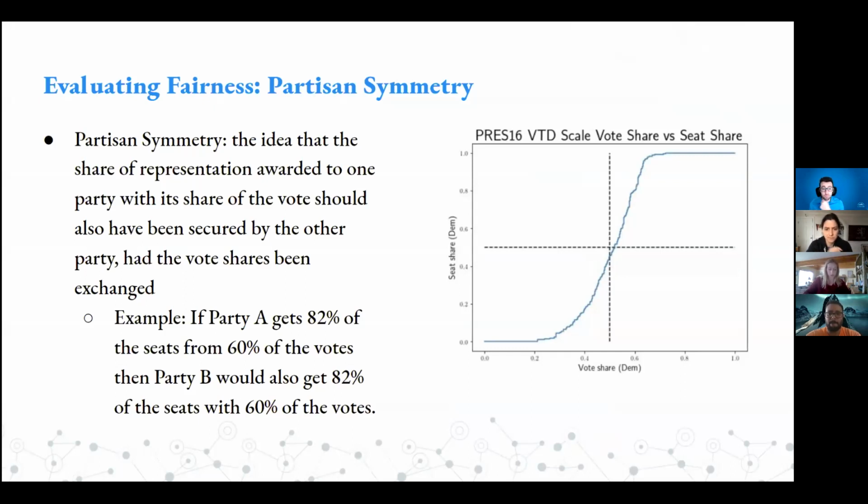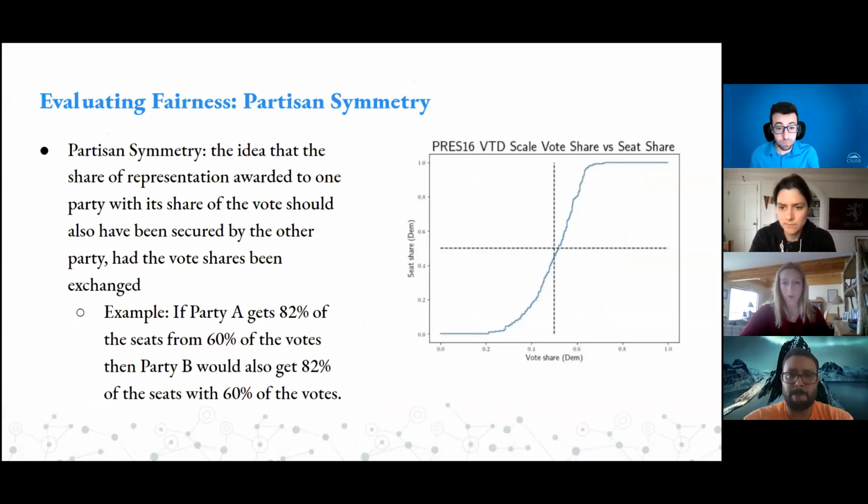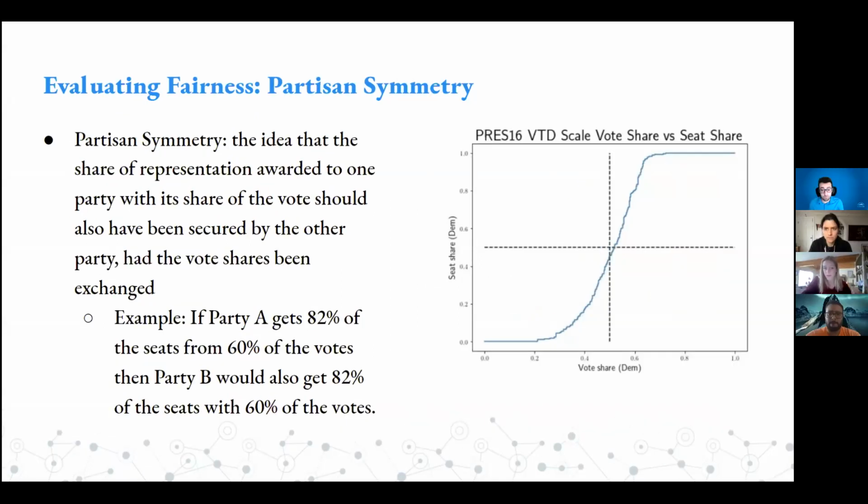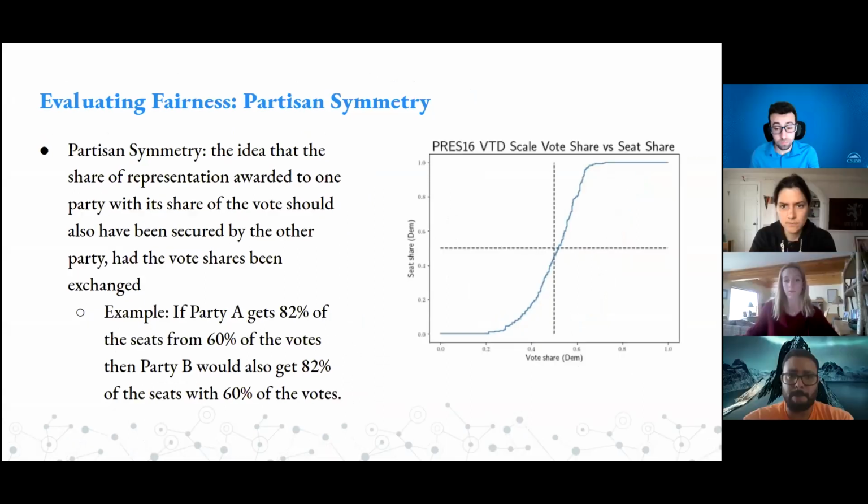So in the graph below, it shows that when Democrats receive 60% of the votes, then it translates to 82% of the seats. Or when Republicans win 60% of the votes, then it also translates to 82% of the seats. And it has 180-degree rotational symmetry so that it doesn't matter which party wins that percent, they'll get that percent of the seat share. And it goes through the 0.5. So if one party gets half of the votes, they should get half of the seat share.